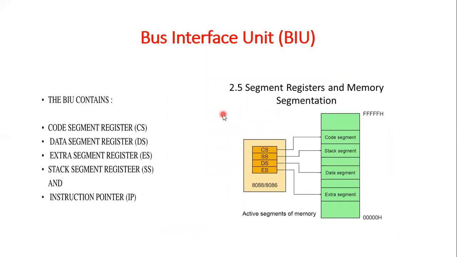Now, let us see the bus interface unit. The bus interface unit consists of the code segment, that is CS. This is the 8086 memory.